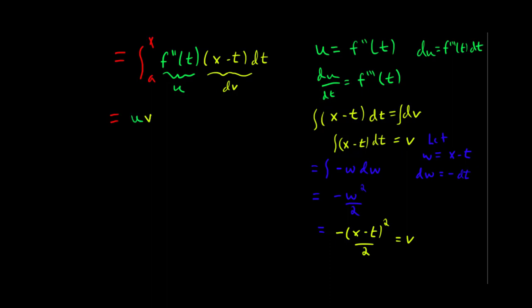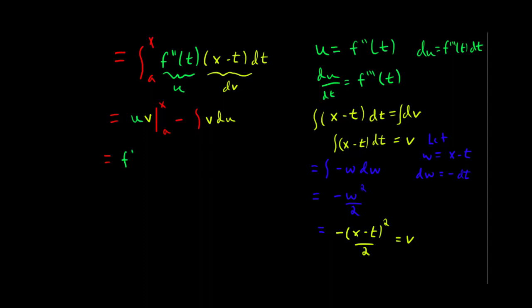So I'm going to now do the integration by parts. This integral equals u times v, evaluated from x to a, minus the integral of v du, again from x to a.